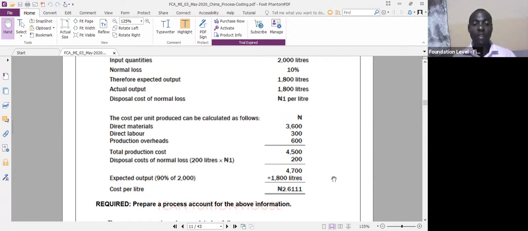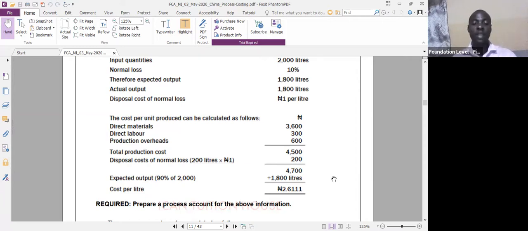Now, when you have an input of 2,000, 90% of 2,000 is what is being produced. It's going to give you 1,800 liters. But the final job here is to calculate the cost per liter.